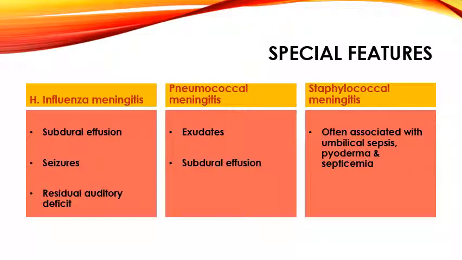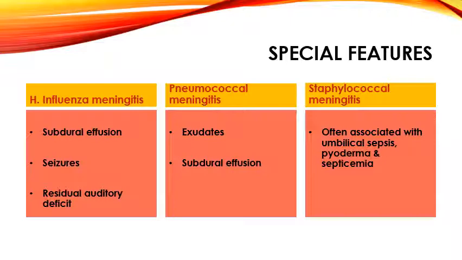Other special features which can be seen in specific meningitis: in H. influenzae, subdural effusion is quite common. Seizures are also very common. Residual auditory deficit, here the basic auditory deficit which we see is the sensorineural deficit.